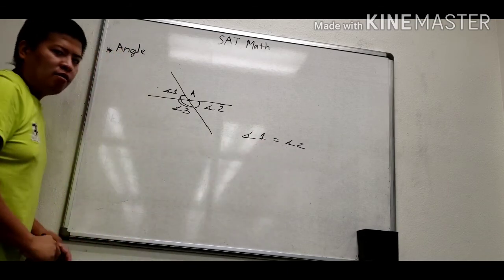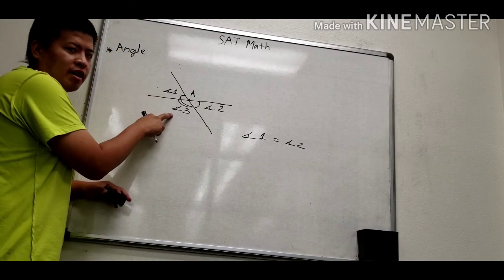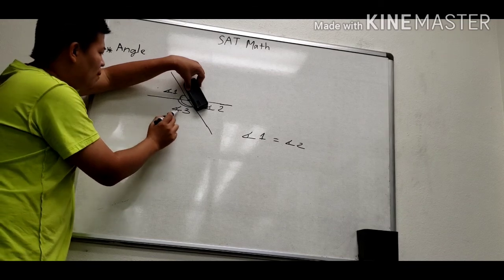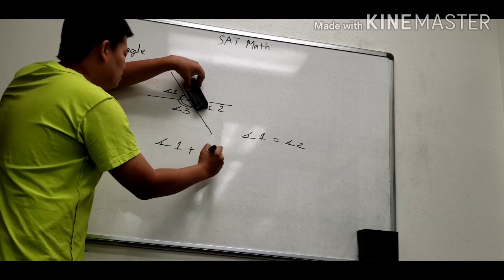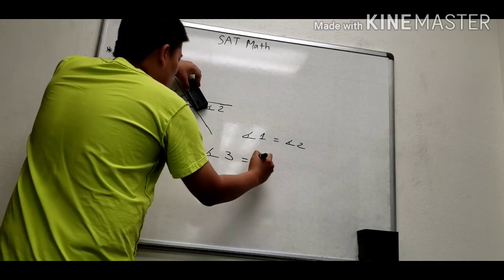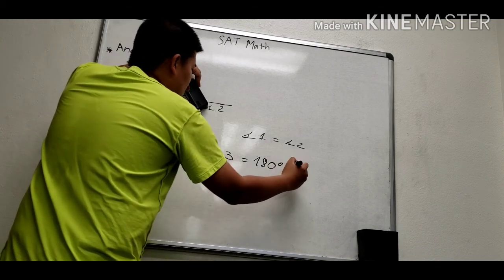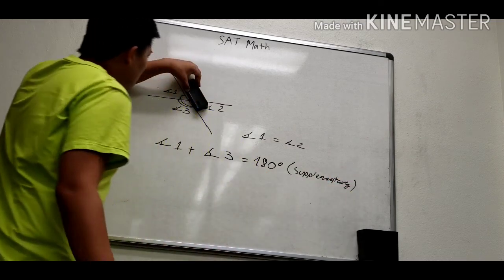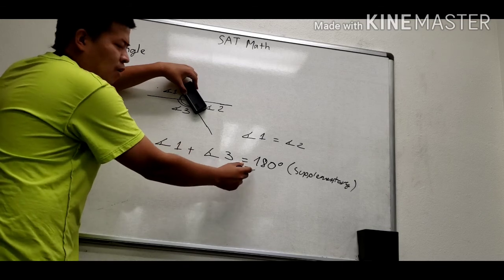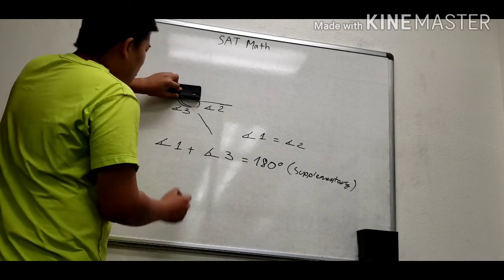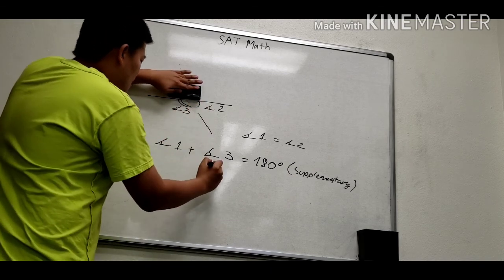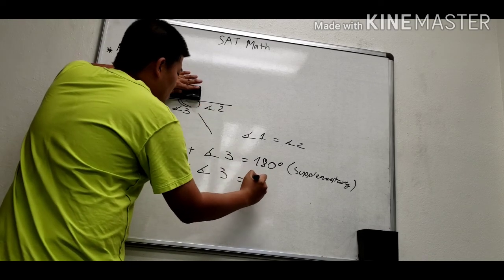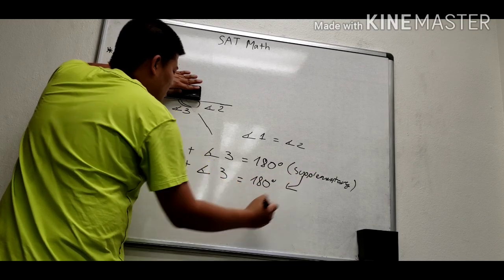If we hide this one, we can see that angle number 1 plus angle number 3 become 180 degrees, because they are supplementary. Now if we hide this area, we can see that angle number 3 plus angle number 2 become 180 degrees, also supplementary.